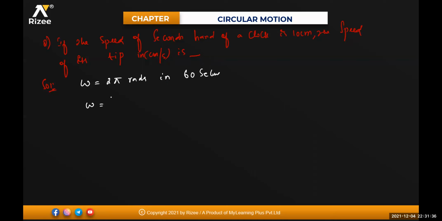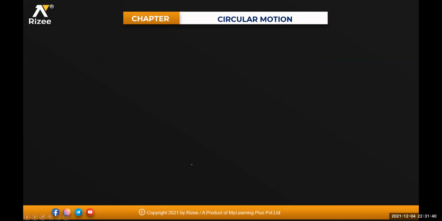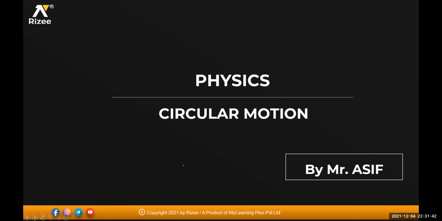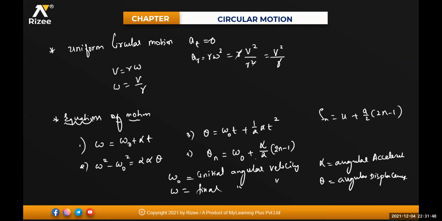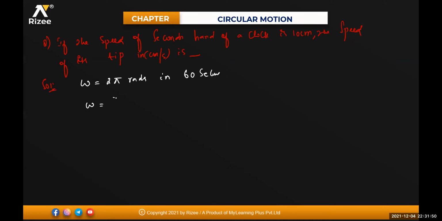Omega is equal to d theta by t, as I wrote just now. That means it is 2 pi divided by time, 60 seconds. 2 ones are 2, 2 threes are 6. That means pi by 30 radians per second.